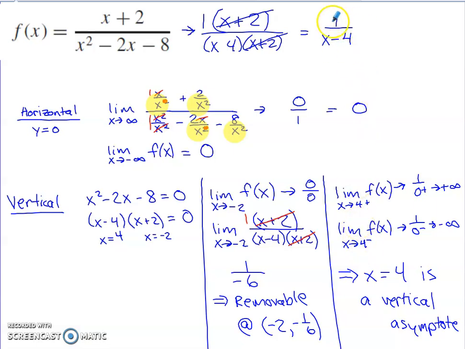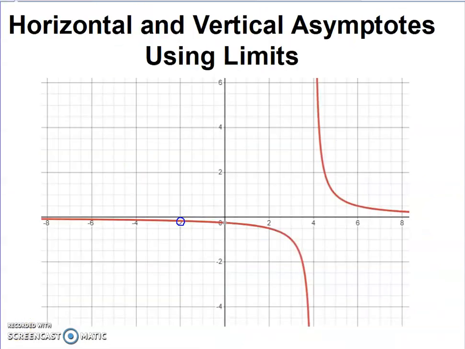Now, I am dealing with this version of the function. There is a difference between what we have here initially and what we have here on the right side of the screen. This version of the fraction is only undefined at 4, whereas this version of the fraction is undefined at both negative 2 and 4. The only difference between the graph of what we have here and the graph of 1 over x minus 4 is that it would be this graph without the hole poked out.